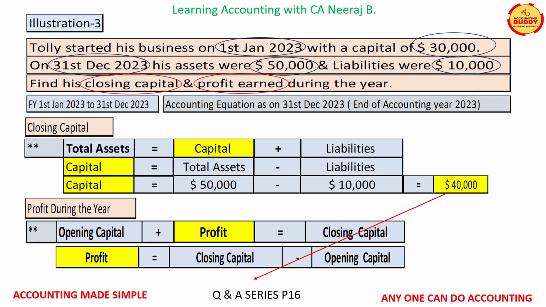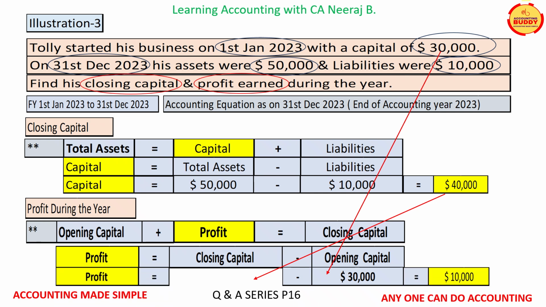Closing capital as on 31st December 23 calculated above is $40,000 and the opening capital as on 1st January given in the question is $30,000. Therefore, the profit for the year is $10,000.